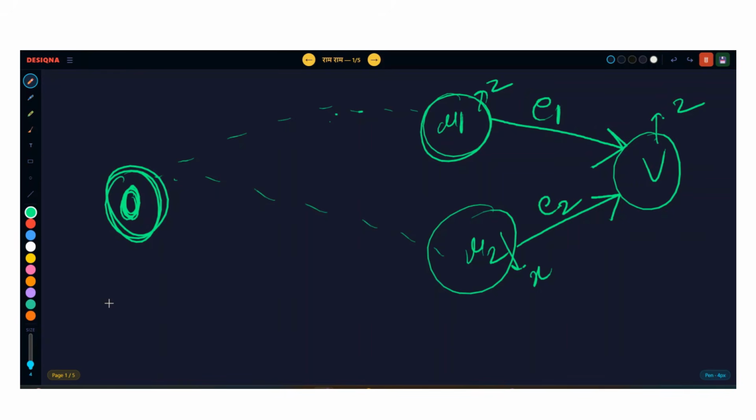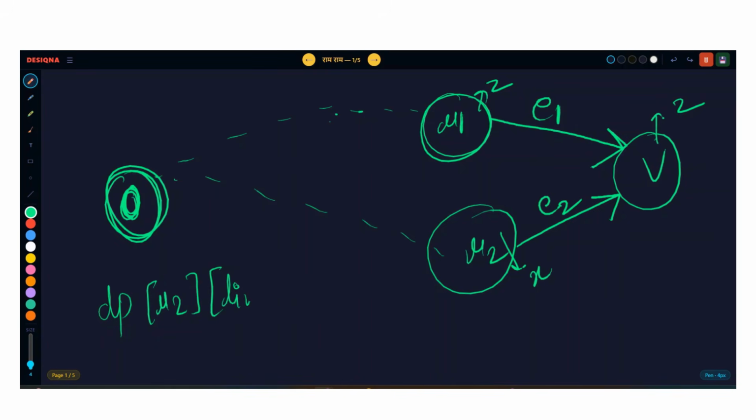Let's say you know the answer of dp u2 of limit.